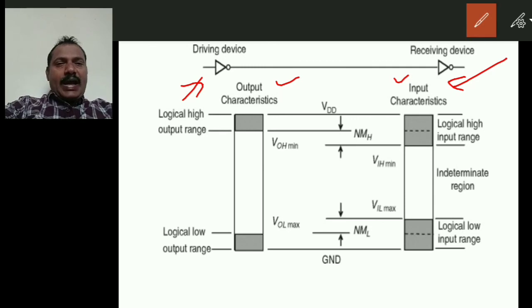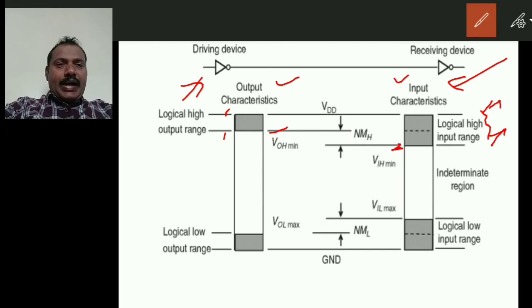If you observe the logic high output range, from here to here, and the input characteristics, this is the logic high range from here to here. Always remember, this is the VOH minimum, this is the VIH minimum voltage.